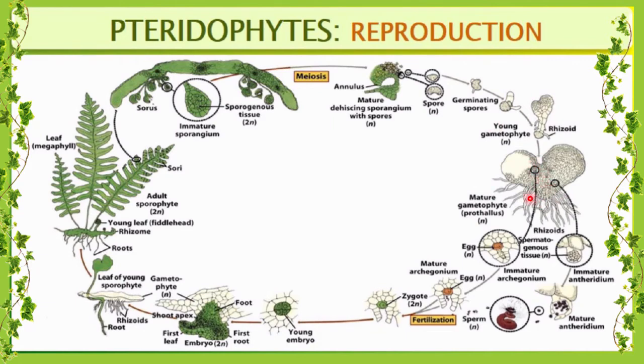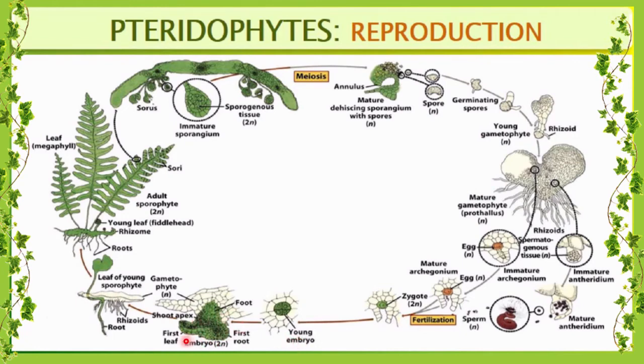Finally this gametophyte will produce egg cells and sperm cells. The Antheridium will form the sperm cells, and here the Archegonium will form the egg cell, and the sperm and egg cells will fertilize together and give rise to a zygote, which is diploid in structure. This zygote will then develop into a young embryo.